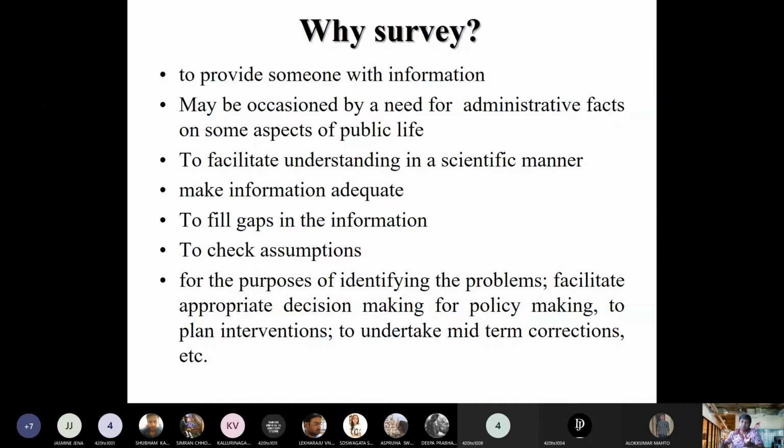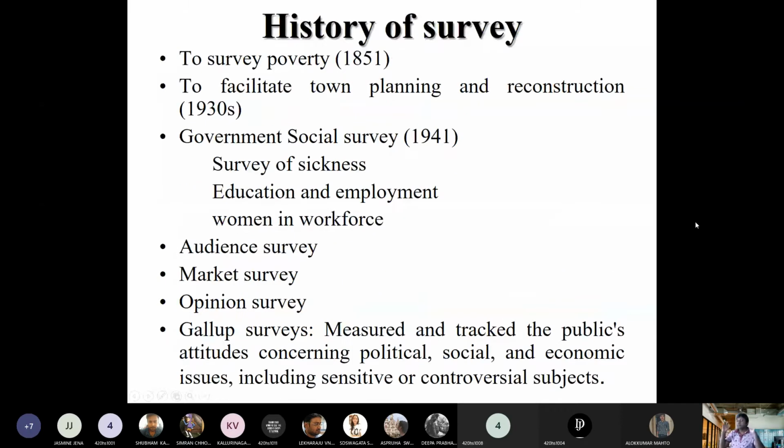Means if I am doing a midterm evaluation, a midterm survey, I will understand what midterm corrections are needed in the project, so that my project will be sustained and will succeed. For all these things we need to do the survey.